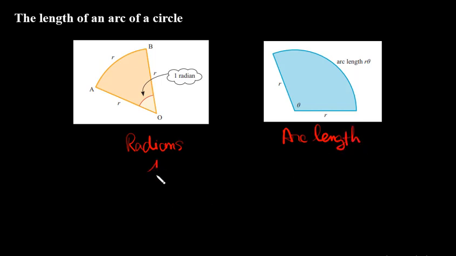So when your radian is 1, your arc length will be r, which is the radius. And if you have theta radians, the arc length will be theta multiplied by r. That is, we take the radius multiplied by the radians of that angle, and we are able to find the length of an arc of a circle.